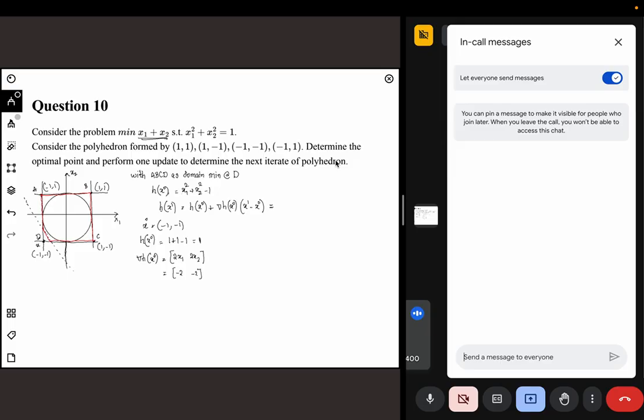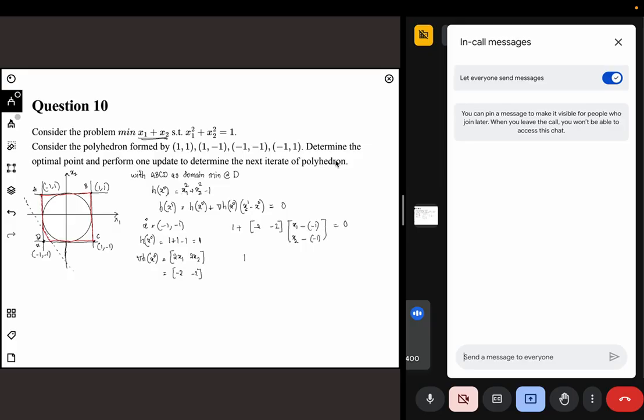Now if I substitute all these values into the original equation, h of x1 equals, let's say, 0, and I'm trying to find this x1. So h of x0 is 1, plus the gradient, which is -2, -2, times x1 minus x0, that is x1 minus of -1, which is plus 1. And I'm equating this to 0.